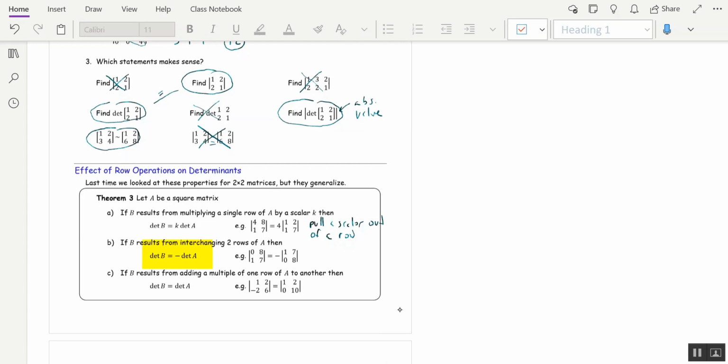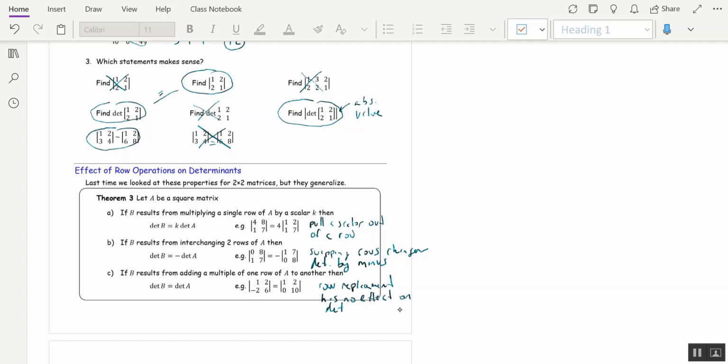Okay, the next one, when I swap rows, that's going to change the determinant by a minus sign. And the last one tells us that row replacement has no effect on the determinant. So property C is really a great one.